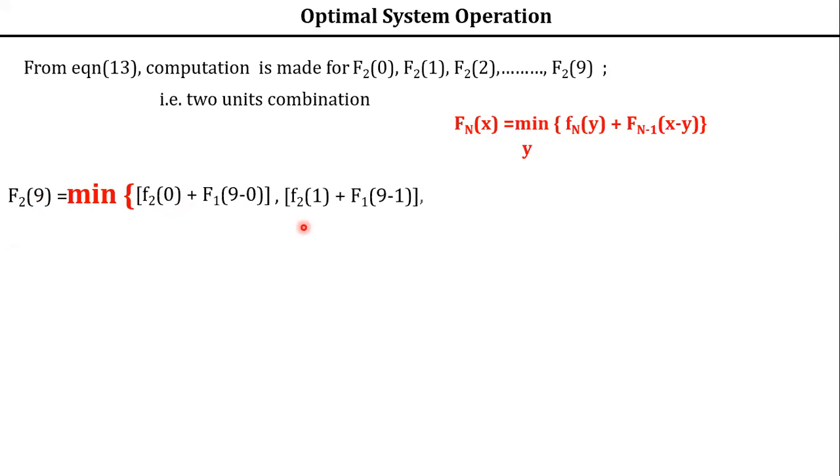The second one: I have to increment this 0 by 1. If you are incrementing by 0.5, you can use 0.5. Understood? If you are using an increment of 2 megawatt, then after 0, you use 2 megawatt. Clear? So the same equation, but I have incremented here.